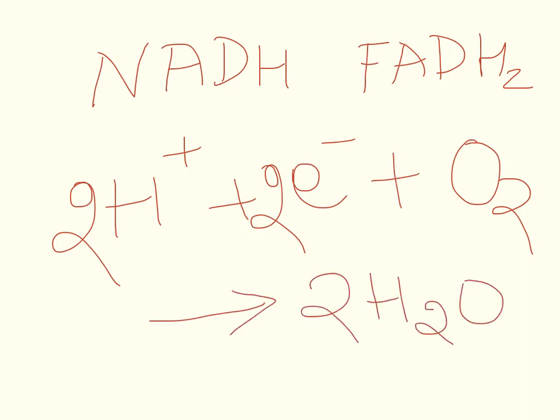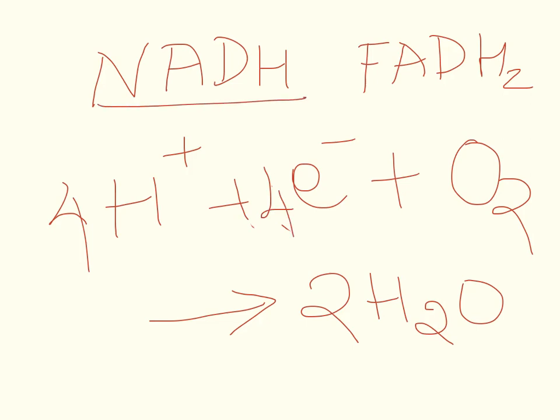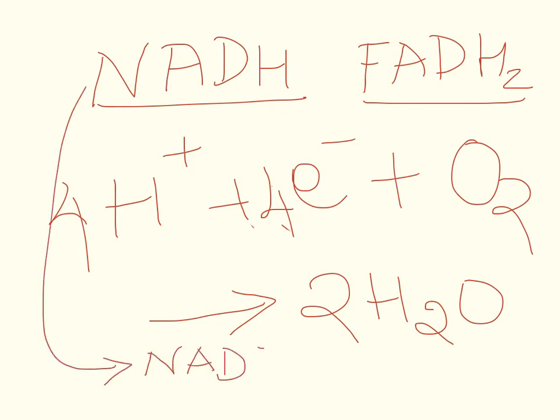And since we have to balance this, this will be 4. This will also be 4. Okay, and these will produce NAD plus and FAD, the oxidized form.